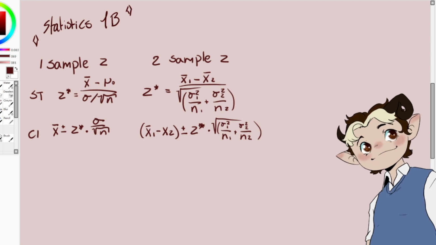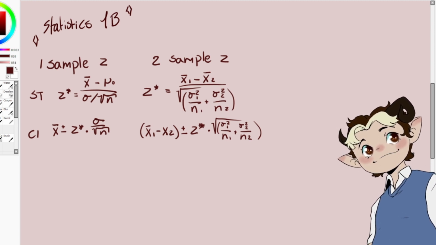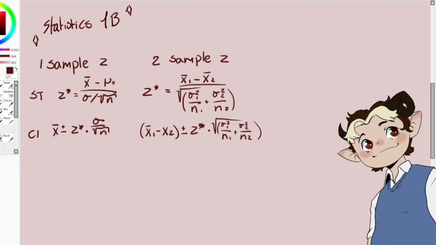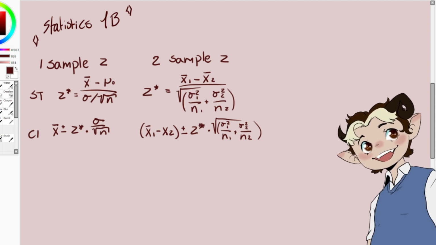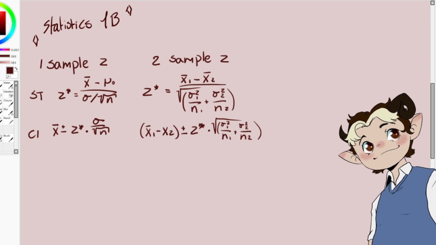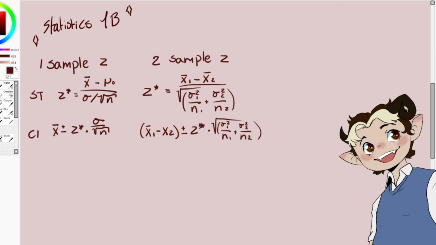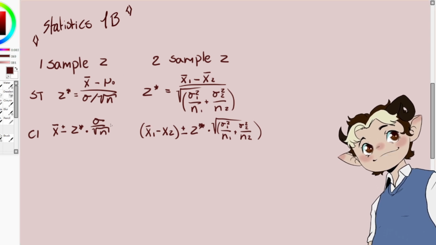So now we have a new formula that is slightly different for the two sample. Especially for the significance test, we see that there is x1 minus x2, and there is no mu here anymore.